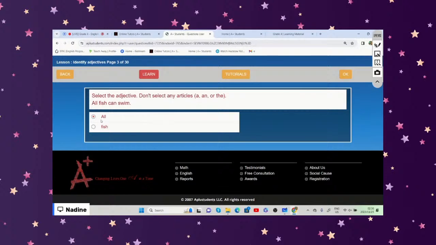But all is correct. And all tells us how many. So well done. Remember, when we answer the question how many, it doesn't necessarily have to be a form of a number: one fish, 10 fish, 100 fish. But well done, guys. All is correct. And it tells us how many fish can swim.